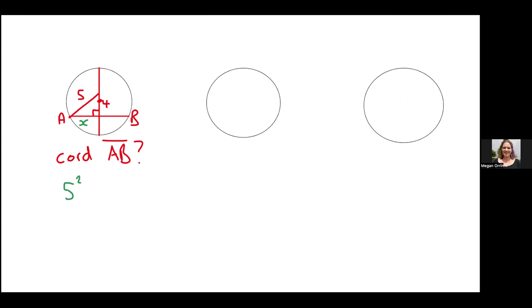So 5 squared equals 4 squared plus x squared. So then 5 squared minus 4 squared is x squared. What's this? 9. So x is 3. Is that the length of the chord? No, it's 6. The length of the chord is 6, because this is going to be twice as long as this, so that makes AB 6.